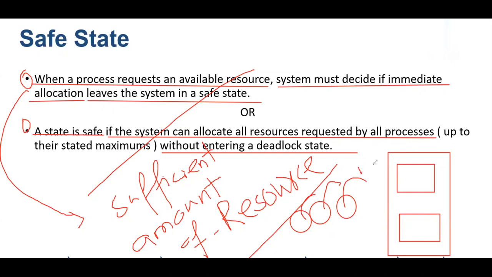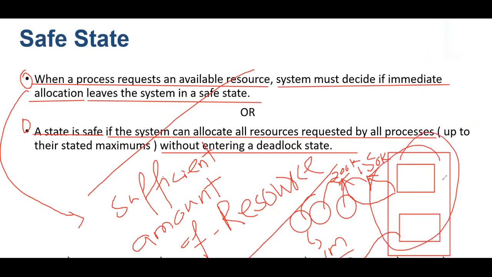For example, this one demands 150K, this one demands 200K, and this one demands, for example, 1 million. So they are demanding this much for withdrawal, and here the bank will see that if the bank allocates or satisfies the request of 150K, the request of 200K, and the request of 1 million, what will be the bank state?